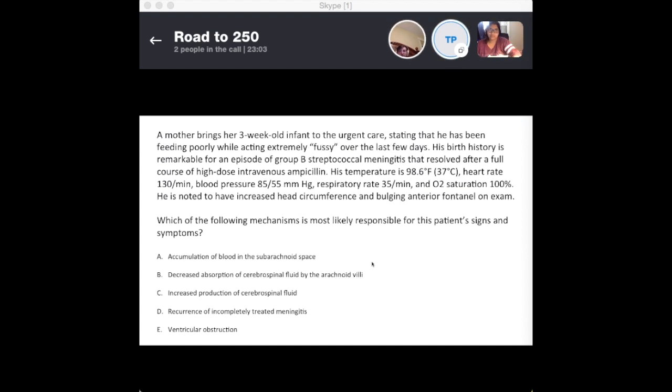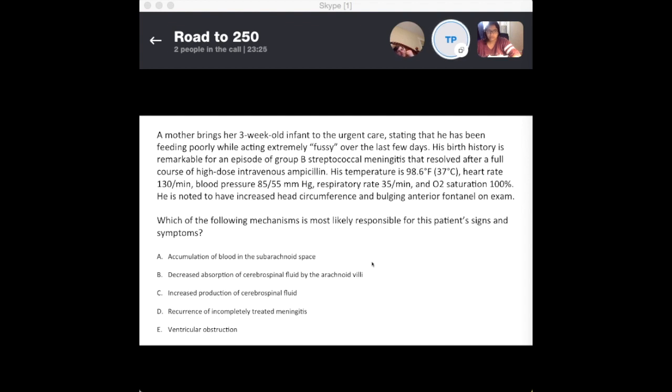Alrighty. So first question is, a mother brings her 3-week-old infant to the urgent care stating that he has been feeding poorly while acting extremely fussy over the last few days. His birth history is remarkable for an episode of Group B strep meningitis that resolved after a full course of high-dose IV ampicillin.